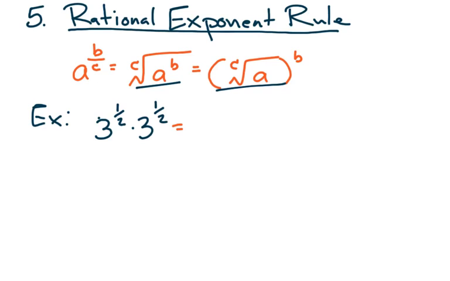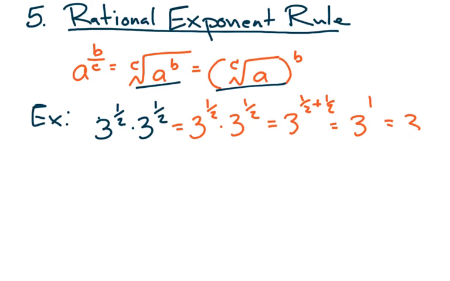Okay, so I'm just going to use the product rule here. This is going to be 3 to the 1/2 times 3 to the 1/2. Okay, and 1/2 plus 1/2, well, that's just 1. So this is 3 to the 1st power, or 3.